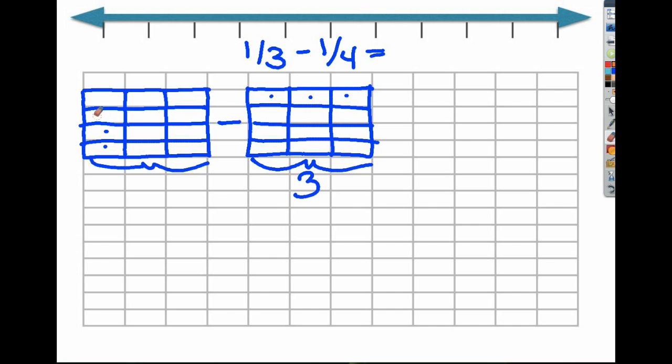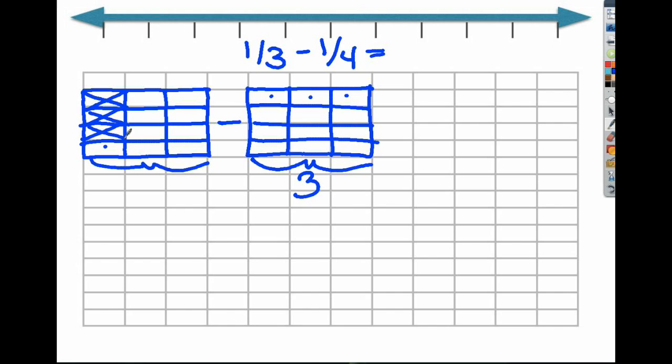So 1, 2, 3. If it confuses you to use your finger, you could put an X in each one that you just went through so that you can look back through and count. You could do that. So how many dots do I have left?